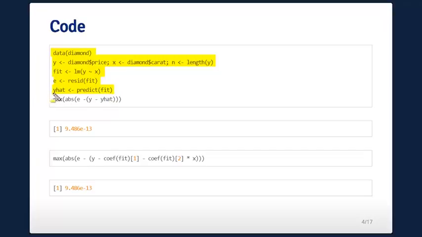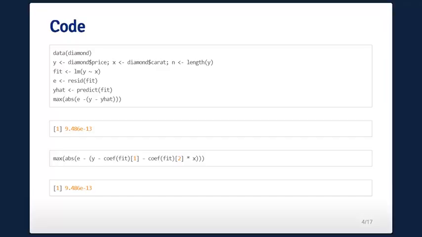And then just to show you that your residuals are exactly the difference between your observed and fitted values, let me take my residuals and subtract off the difference between the observed and the fitted values, and then I'll take the absolute value of those and look at the largest difference, and you see that it's 10 to the minus 13. It's only at numerical precision, suggesting that those are exactly the same.